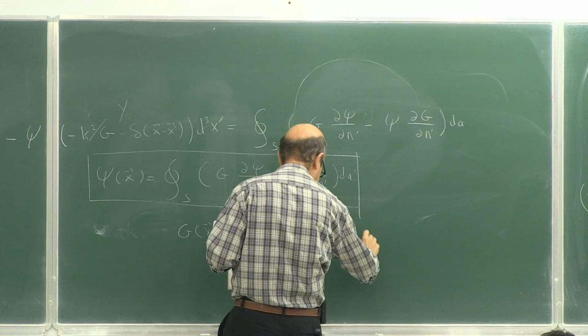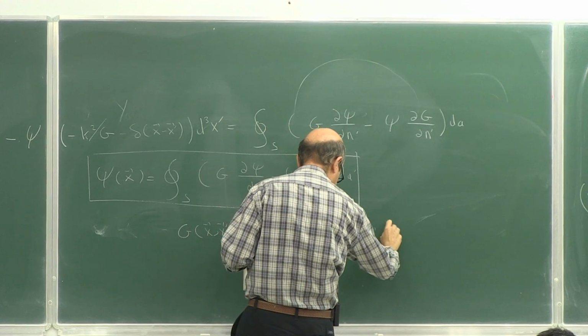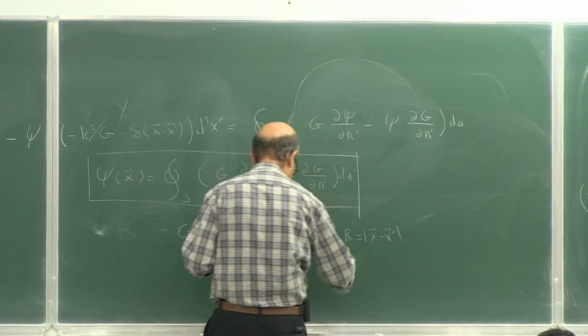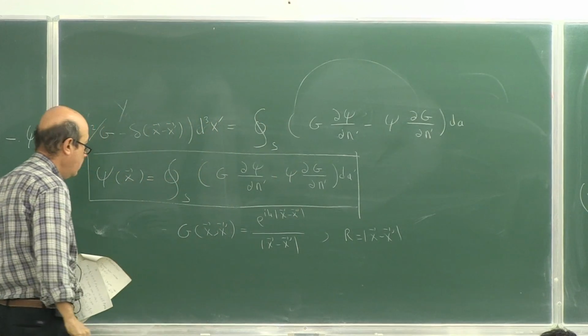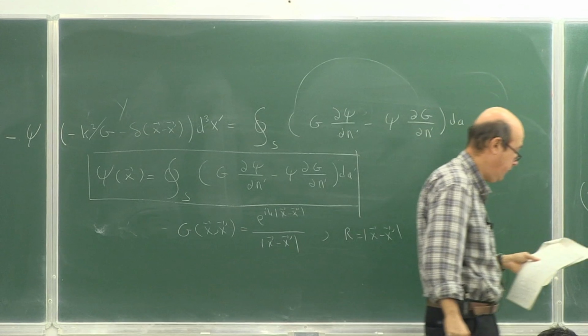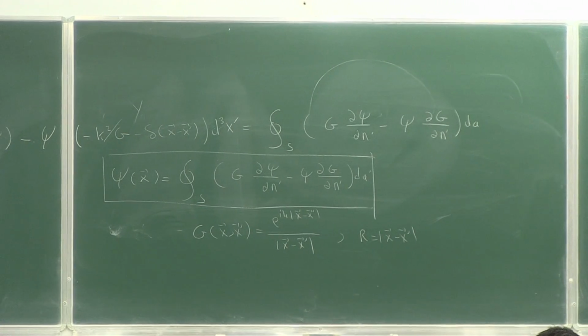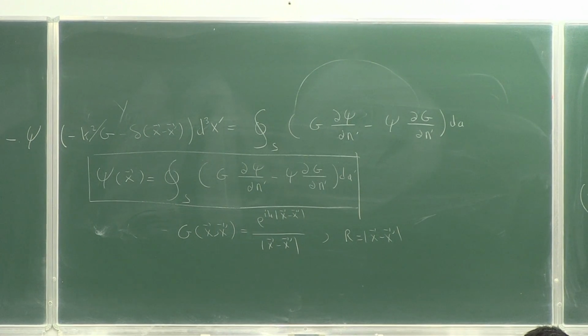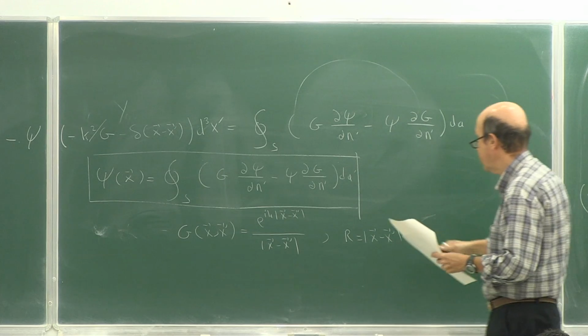So the magnitude of x minus x prime is equal to r also. You saw this in the first part of the course. You can write this solution.